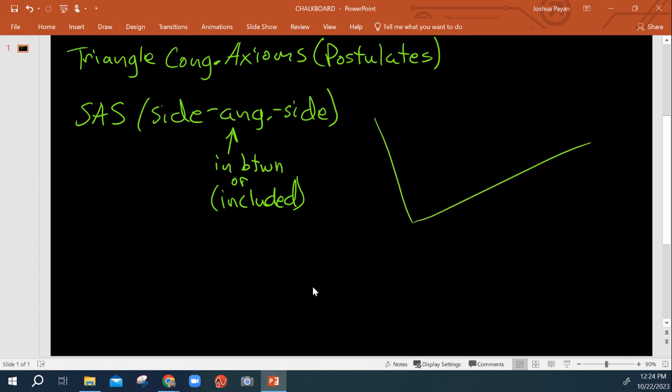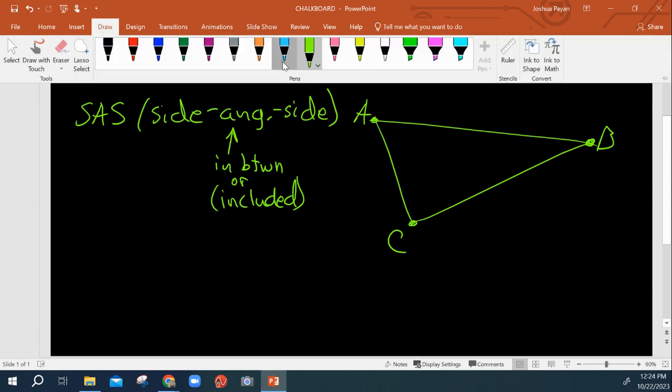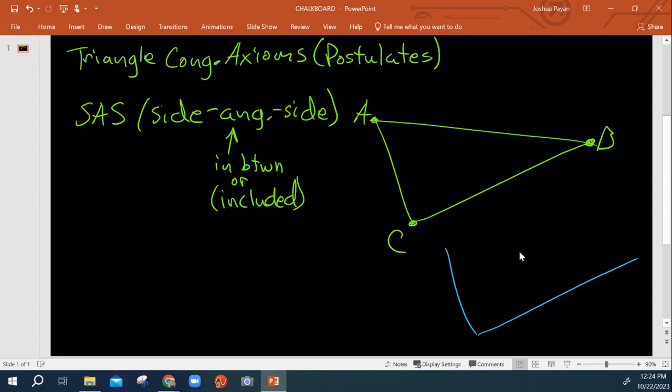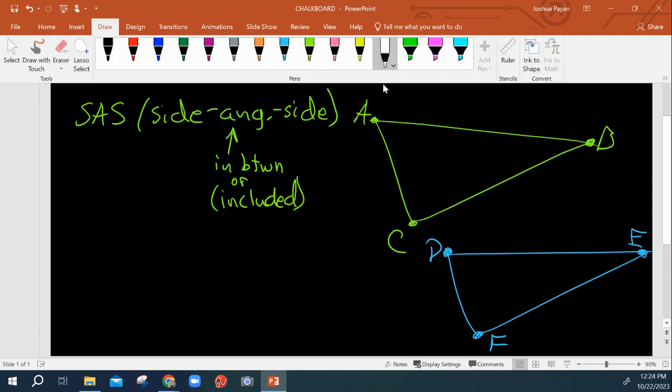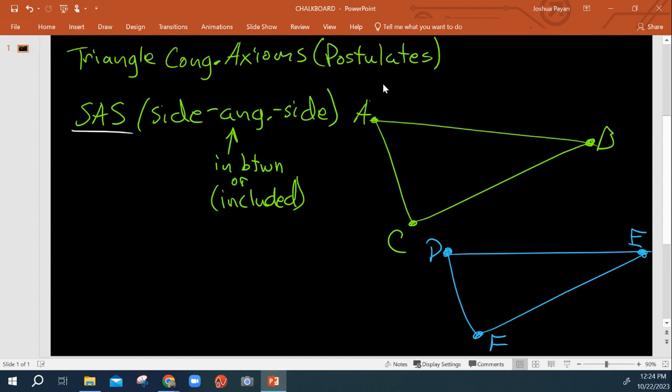Now let's say this is the triangle we've got. We've got A, we've got B, and we've got C. And then we have another triangle, D, E, and F.